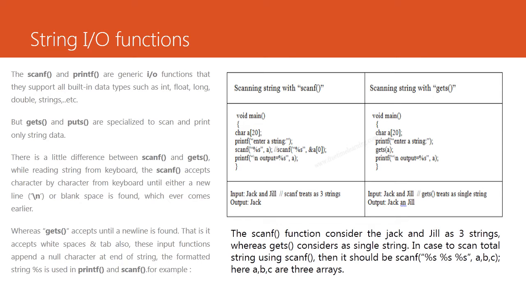There is some basic difference between scanf and gets. When we read a string from the keyboard, scanf accepts character by character from the keyboard until either a new line or a blank space is found, whichever comes earlier.